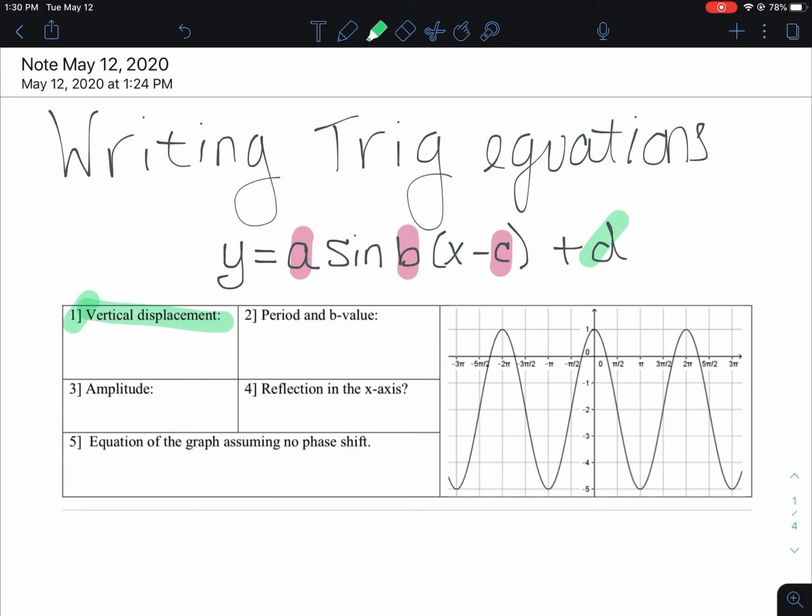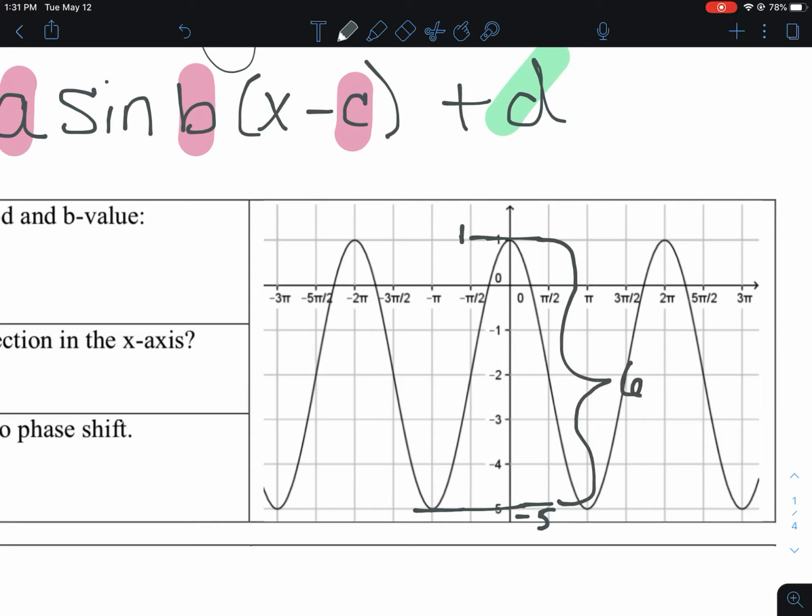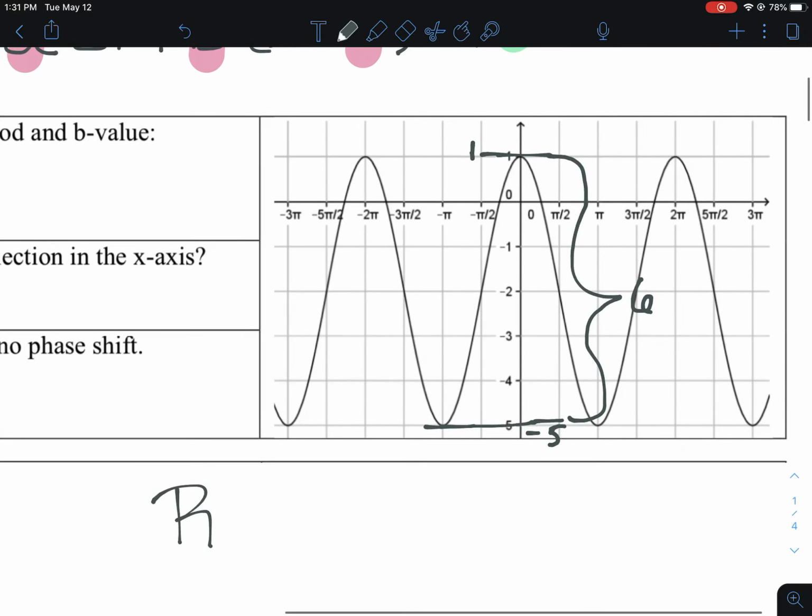All right, so we're looking for the vertical displacement. D stands for displacement. That's helpful. Well, when I look at this graph here, I'm looking at the top, which is at 1, and the bottom is at -5, right? So if I think about the distance between these, there is a total distance of 6 units from the bottom of the function to the top of the function, okay?